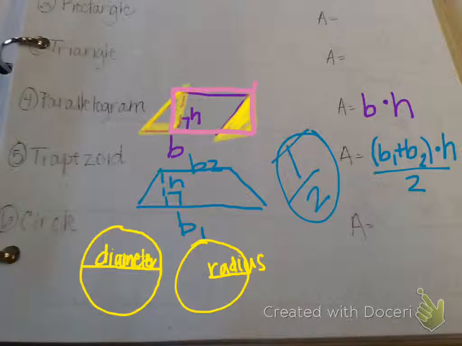The diameter is twice as long as the radius, so the diameter is 2 r's, or the radius is the diameter divided by 2. And to find the area of a circle, we do pi times radius squared, or pi times radius times radius.